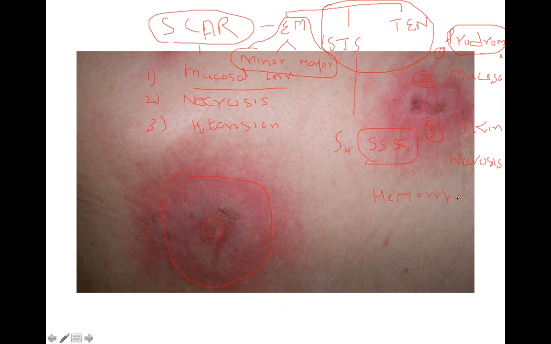This is also characteristic. This is hemorrhagic crusting.